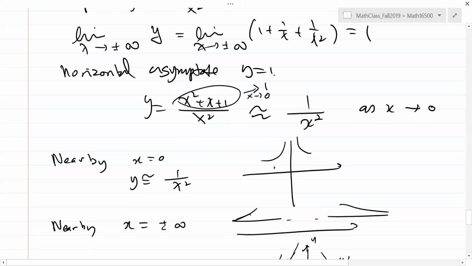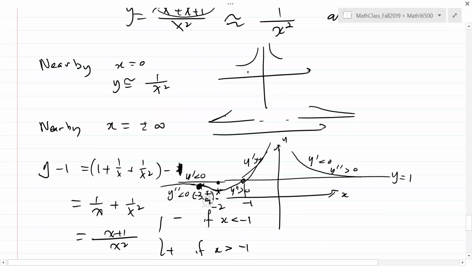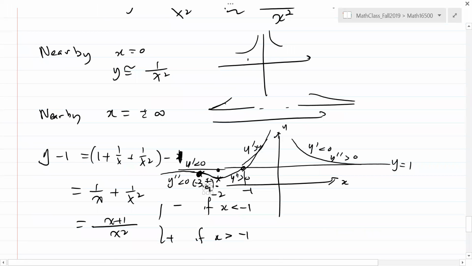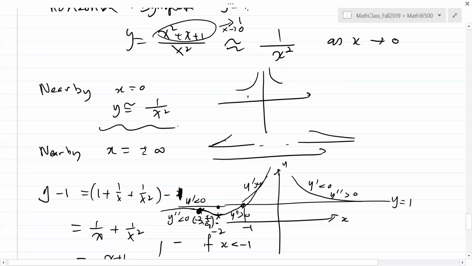You will get horizontal asymptote y equals 1, vertical asymptote x equals 0. Then you draw the graph nearby the vertical asymptote. How do you draw it? Well, nearby the vertical asymptote, y is going to be about 1 over x squared. So you can draw that graph, y equals 1 over x squared.